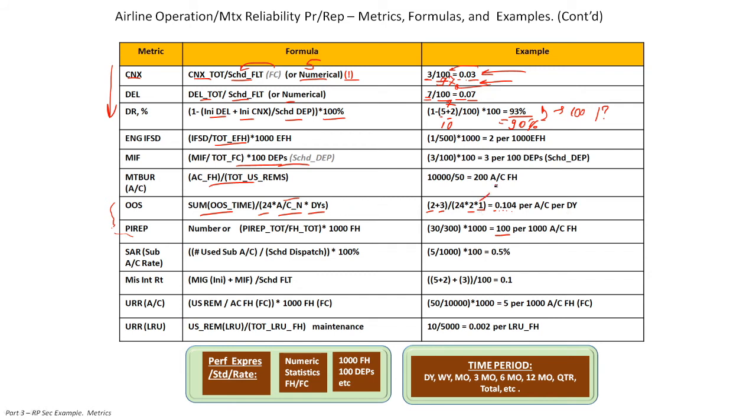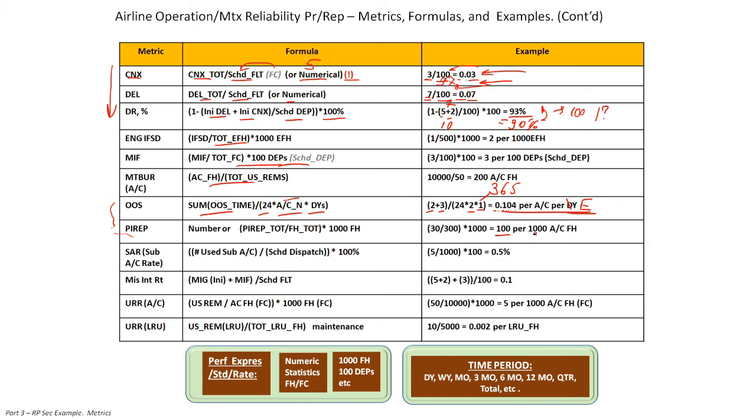But if we put 365, or whatever days we have in here, then it becomes not per day but per year. 0.104 per year. So a very small change, only one item changed here, and a completely different meaning. First case it was day, another case it is year.